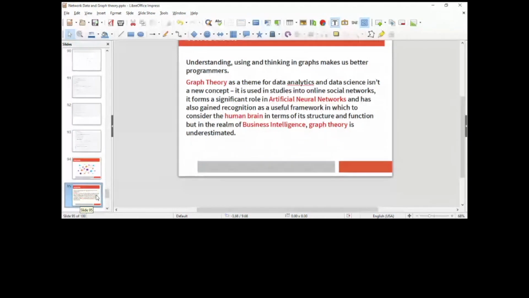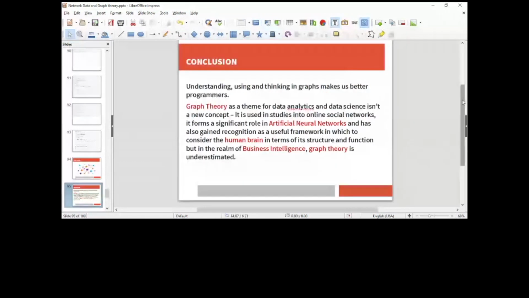So in conclusion, understanding, using, and thinking in graphs makes us better programmers. Graph theory as a team for data analytics and data science is not a new concept. It's just that it's not popular, but it's something that we need, and I'm hoping that today most people will find it very interesting.